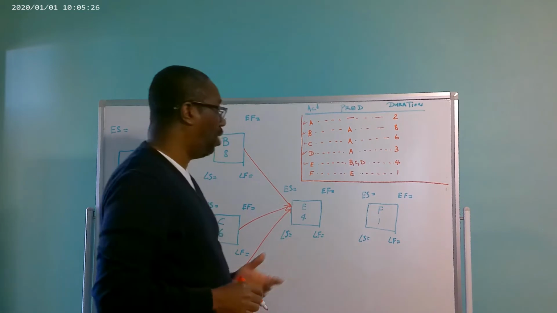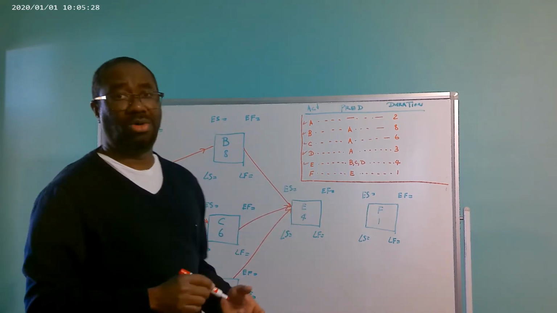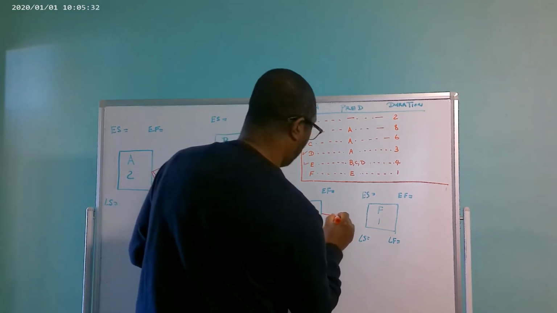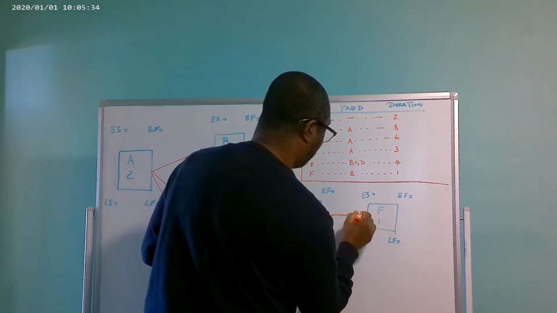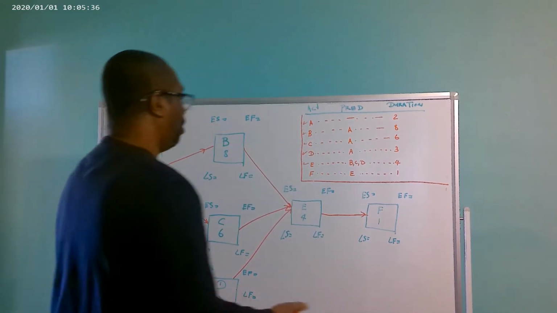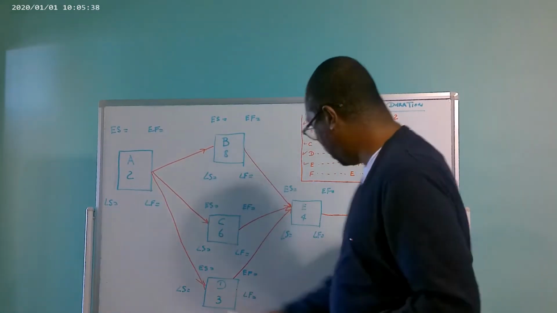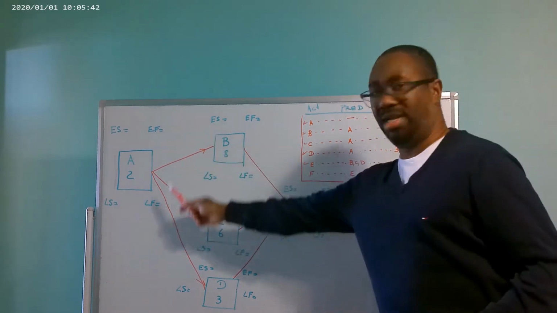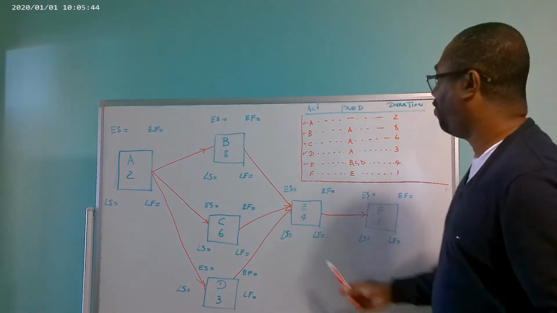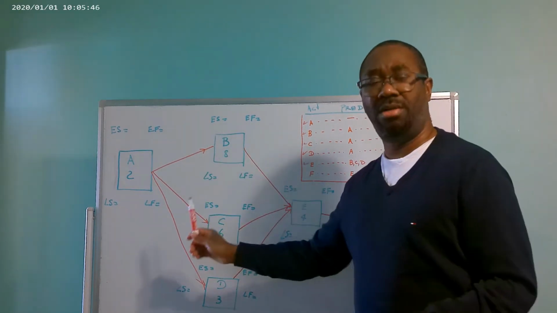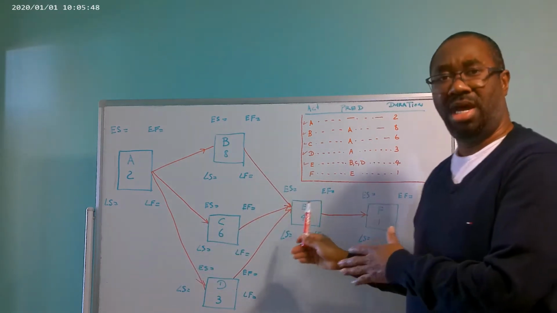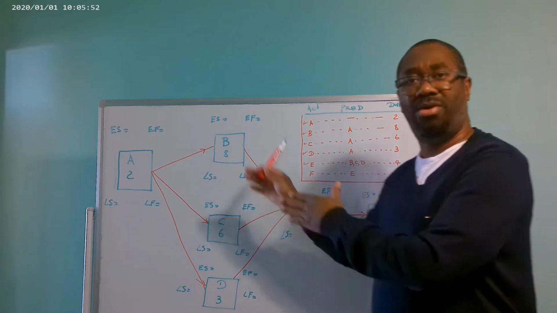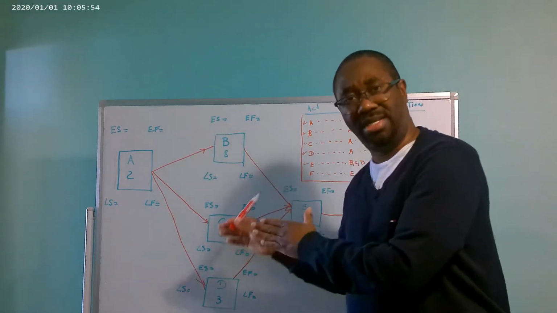Now we have activity F, which comes out of activity E, so we merge activity E to activity F like that. So this is the full plotted diagram in terms of which activity comes out of which activity, and which activity depends on which to finish before the other can start.